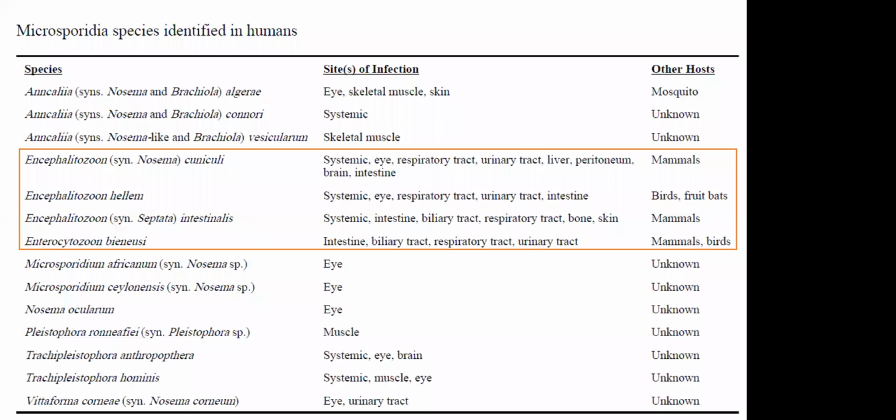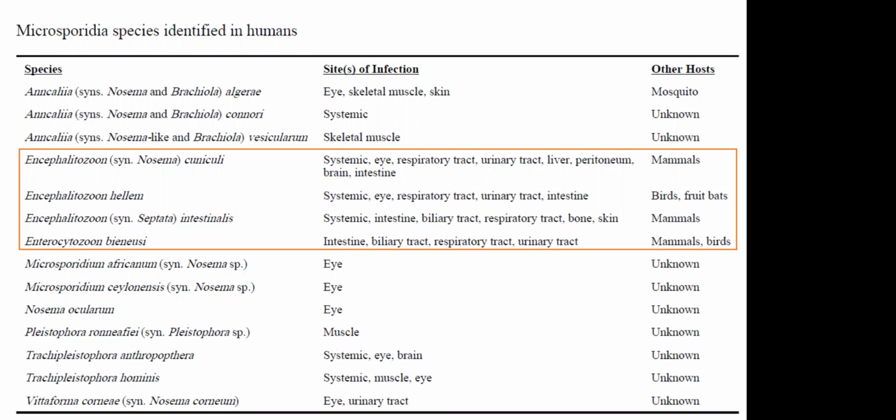But if you look at the central column here, you can see the wide range of organs in the body that can be affected, ranging from eye, skin, muscle, brain, urinary tract, respiratory tract, etc. And you'll see that the ones I've outlined as important, in fact, have quite a wide range of disease potential.